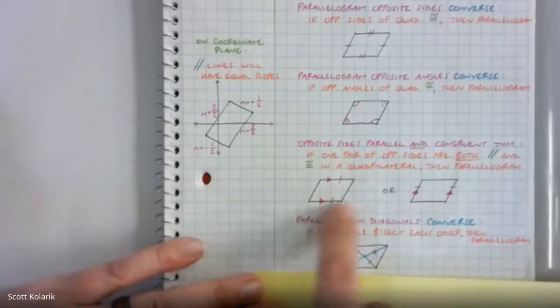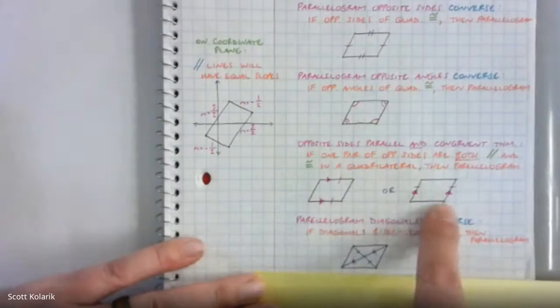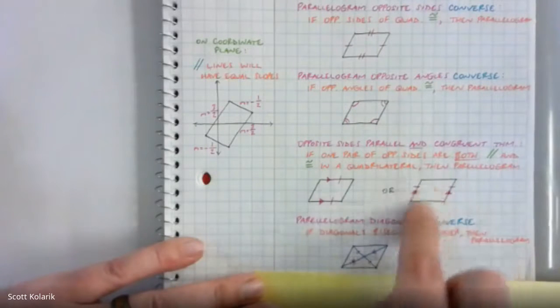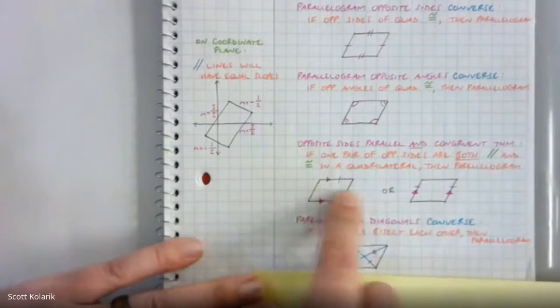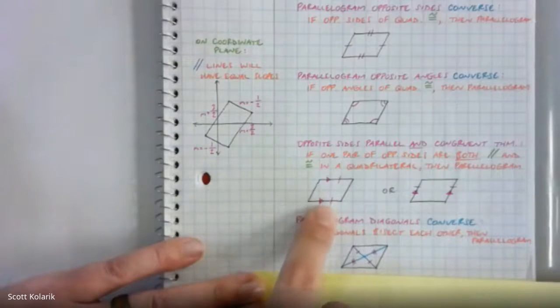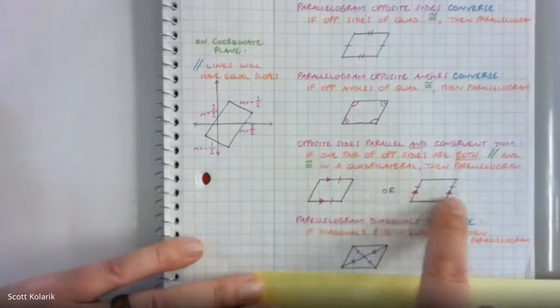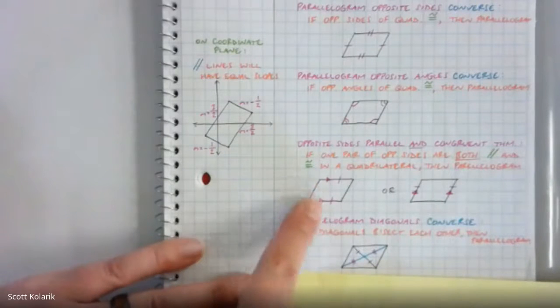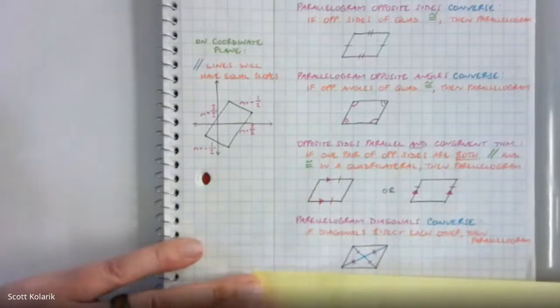Okay. As you can see in each of these given diagrams, I'm told nothing about the other pair of opposite sides. Instead, I'm just given that one pair of sides is congruent to each other. But then I also have these red arrows in both.